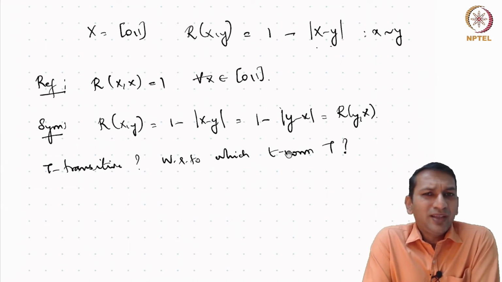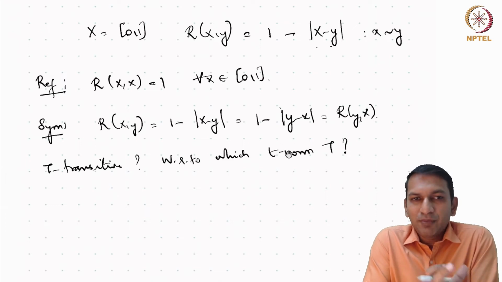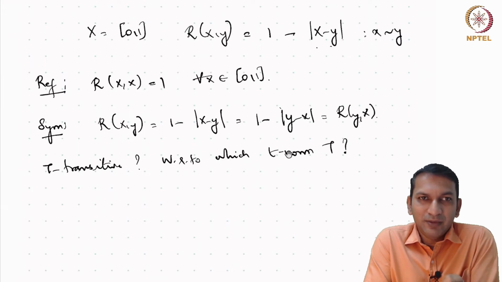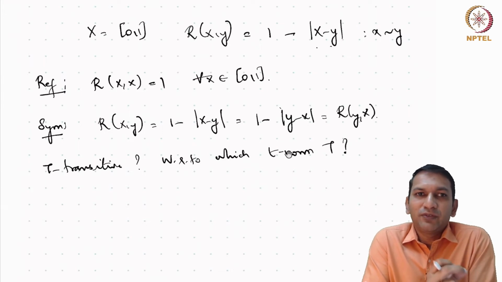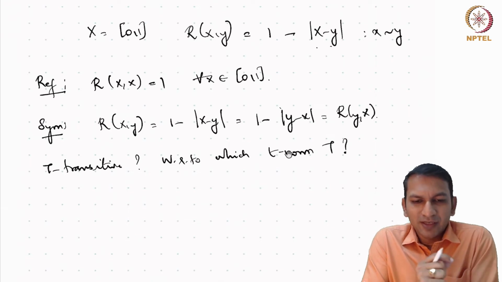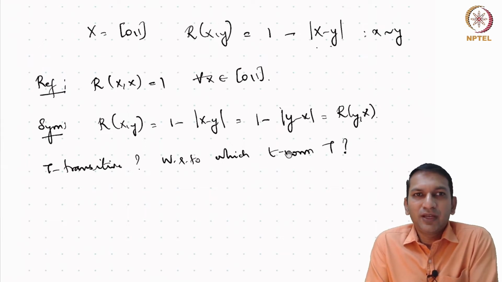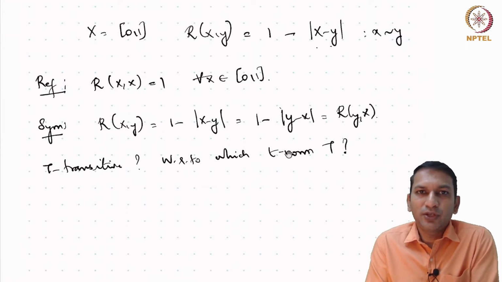Now this is not an easy question to answer if you are given a relation. As was told, from the matrix itself we can say whether the relation is reflexive or symmetric, but transitivity is not very obvious. Now as it happens, due to some interesting theoretical results that are available, we can show that this particular relation is in fact T-transitive with respect to the Lukasiewicz T-norm.